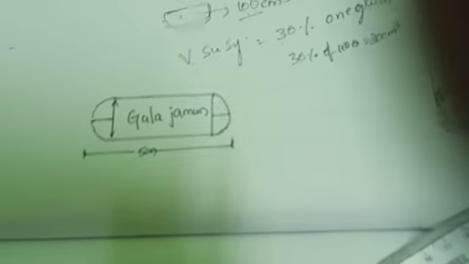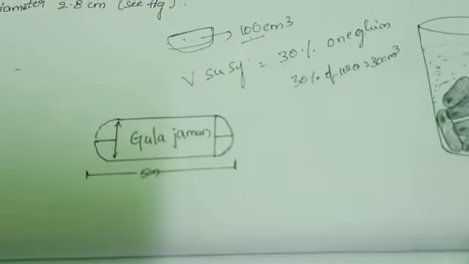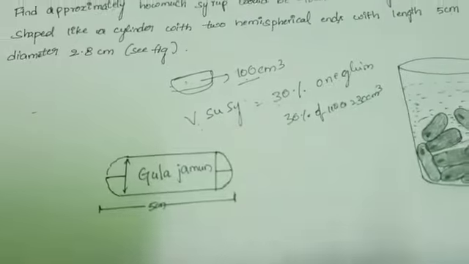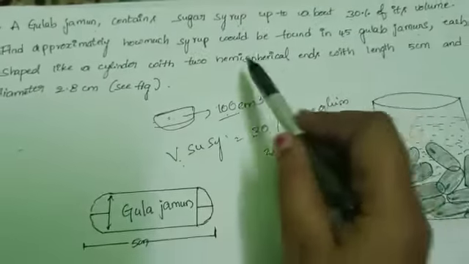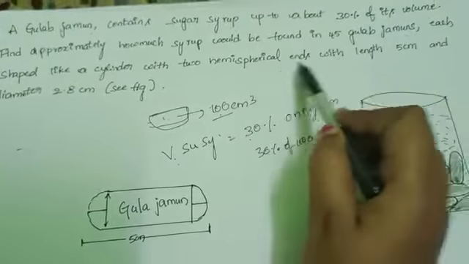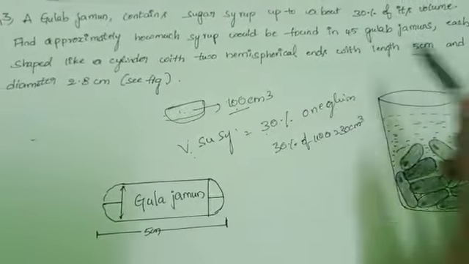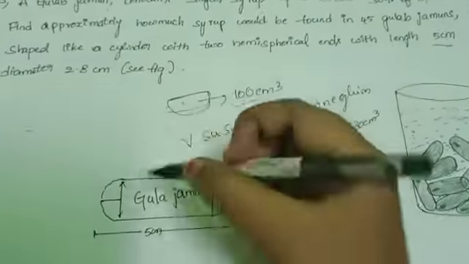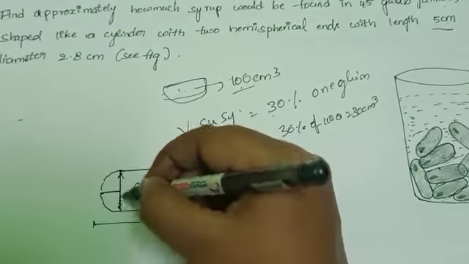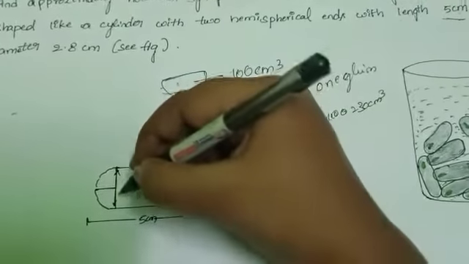Suppose this is one gulab jamun. Here the total length of the gulab jamun is given as 5 centimeters and the diameter of the hemisphere is 2.8.